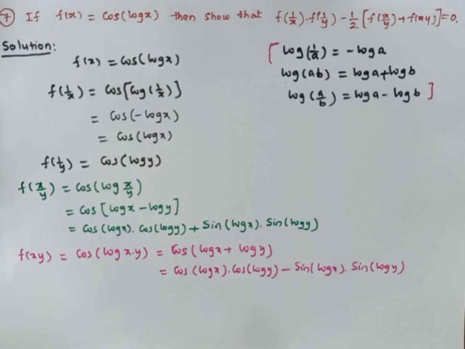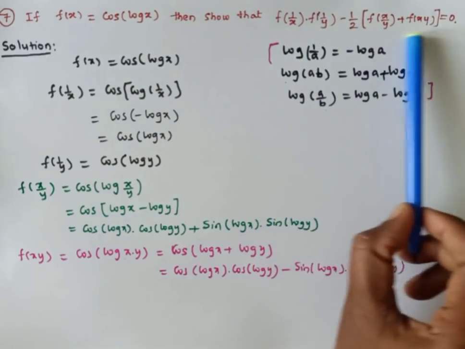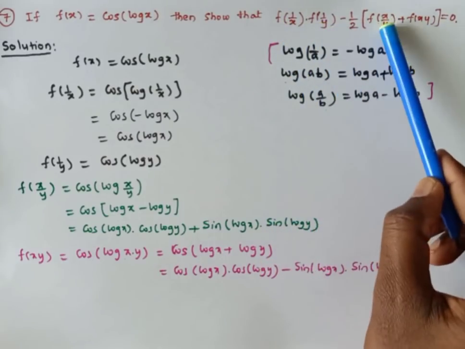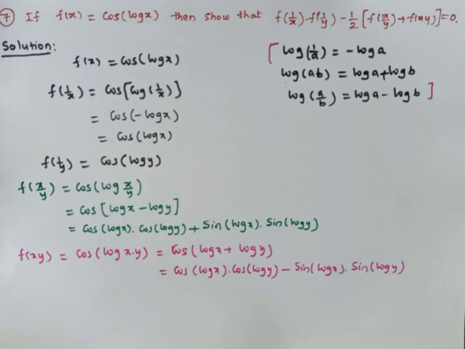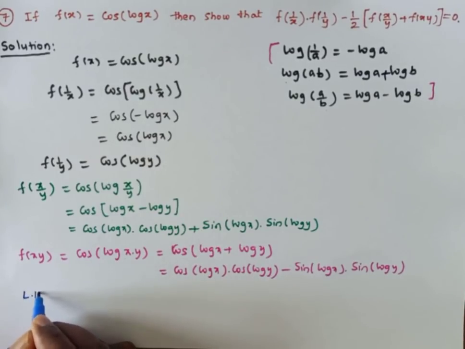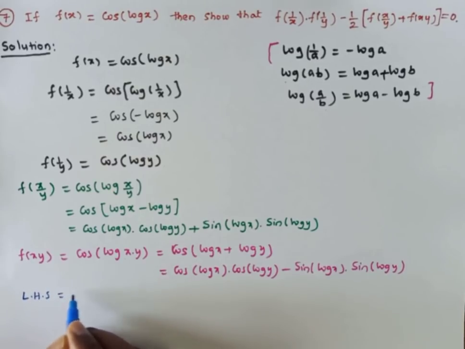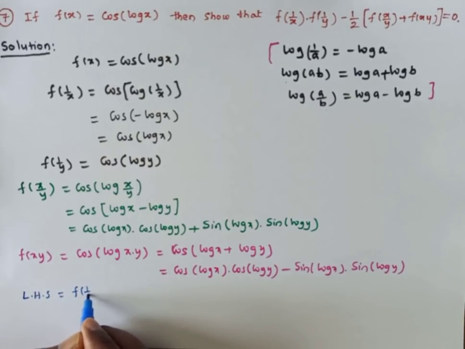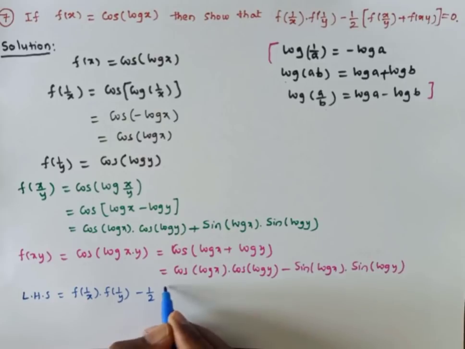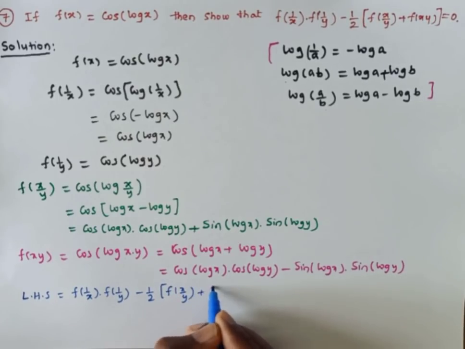Now we have all the values of the left hand side expression: f of 1 by x, f of 1 by y, f of x by y, and f of x into y. Let us consider the left hand side of the given problem: f of 1 by x into f of 1 by y minus 1 by 2 times f of x by y plus f of x into y.